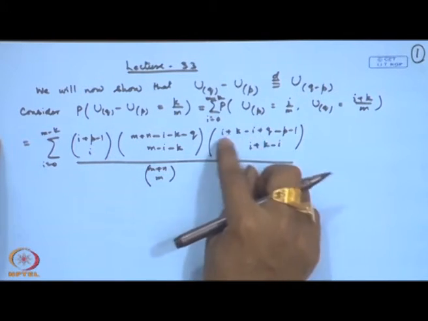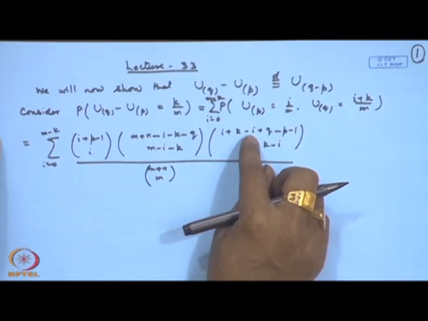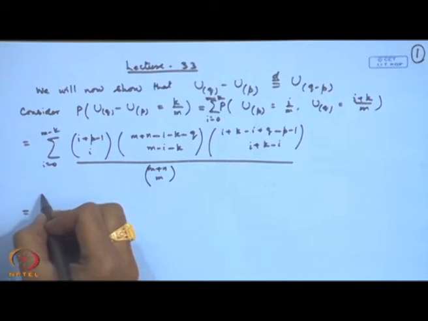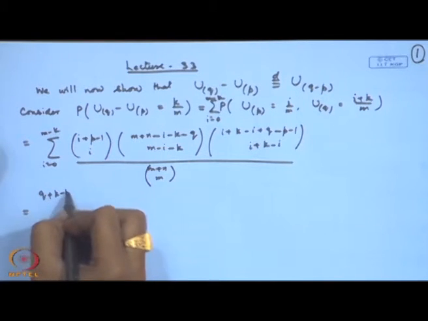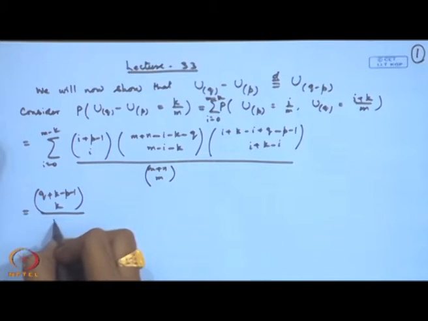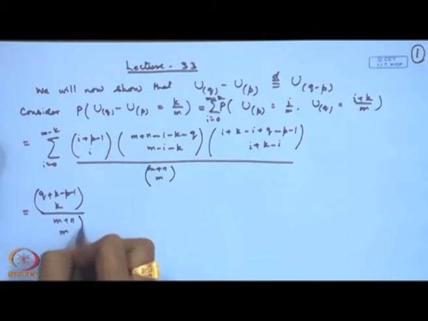So, this term you can see becomes free from I, so we can take it out. That becomes q plus k minus p minus 1 c k divided by m plus n c m.